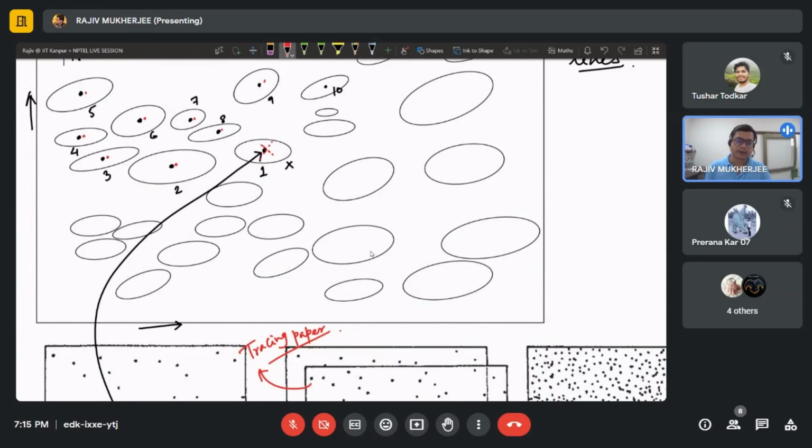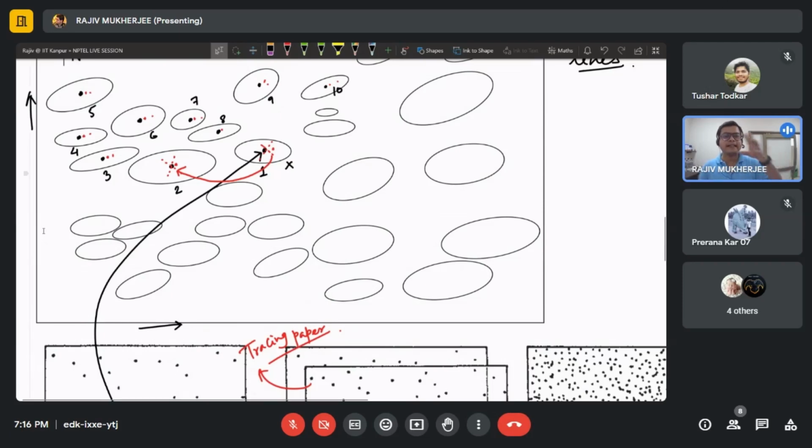So once this is done, we then again move this cross of the tracing paper and place it over the center of the second ellipse, right? And then we repeat the same process. That means we again plot the center of 1, and then 3, 4, 5, 6, 7, 8, 9, 10, and then we move to the third point and fourth point, and eventually we iterate the process.